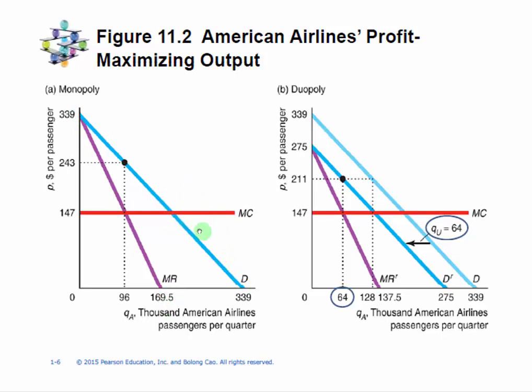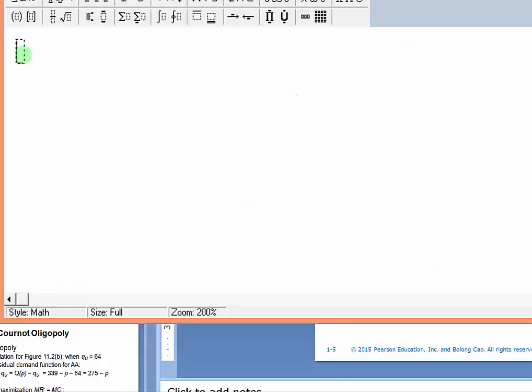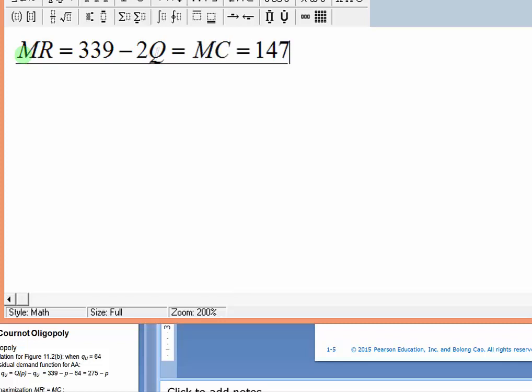Given this marginal cost for American Airlines and this marginal revenue for the whole market, because we assume American Airlines is the monopoly, the monopolist output is 96, and the ticket price will be 243. To see the monopolist calculation, the marginal revenue 339 minus 2Q equals the marginal cost 147.